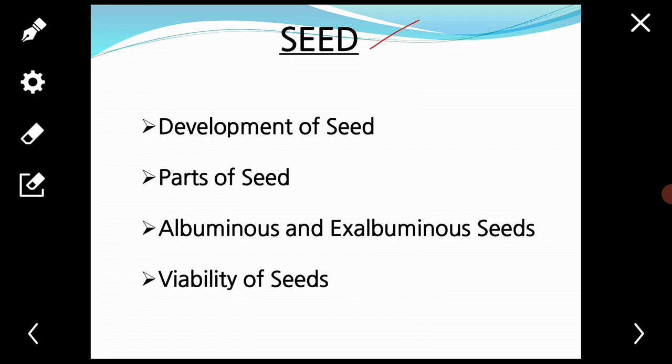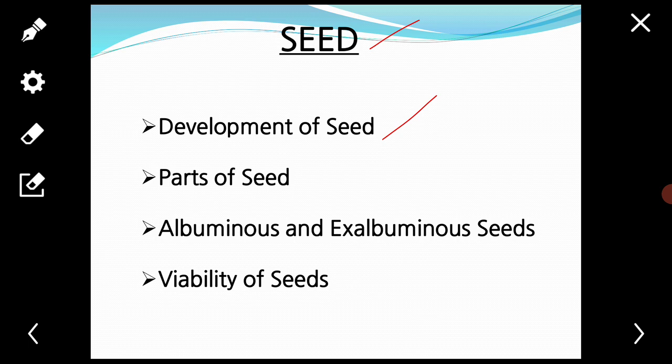Next, that is the development of seed. As you have already studied in the previous video, the double fertilization in angiosperms initiates the formation of the ovule into a seed.